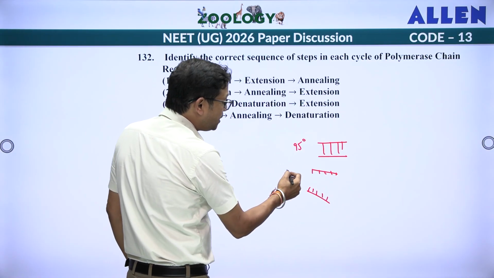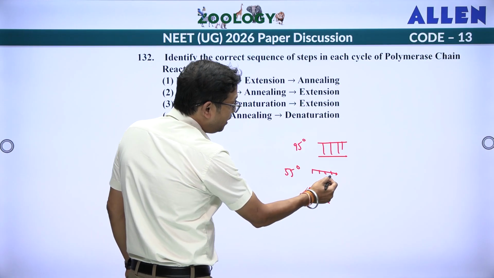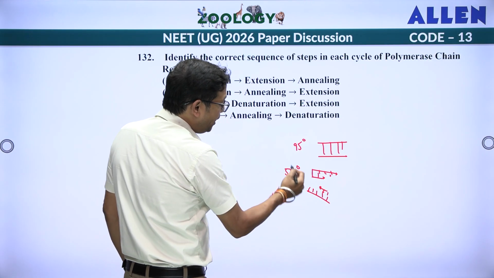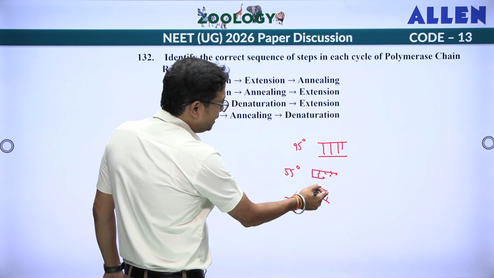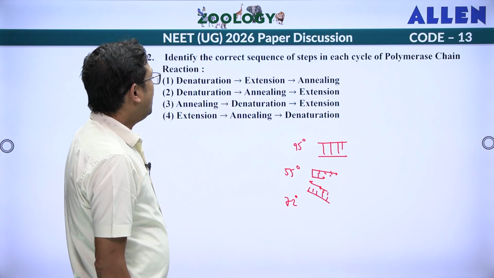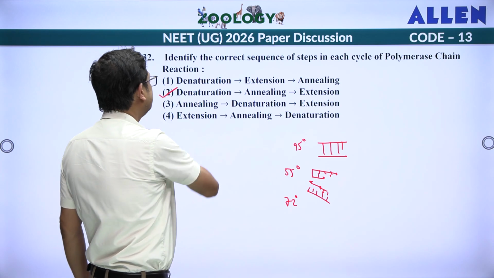Then when you reduce the temperature to 55 degrees Celsius, the primer will be attached. And then when you increase the temperature to 72 degrees Celsius, this primer will be extended. So denaturation, primer annealing and extension. So the answer is second one.